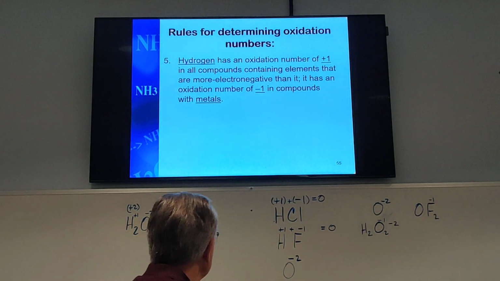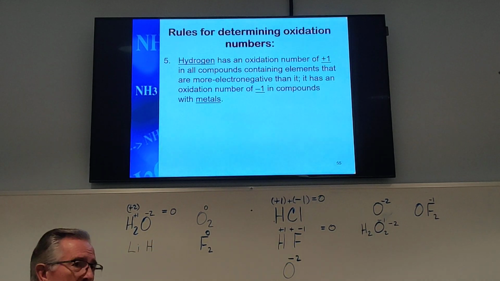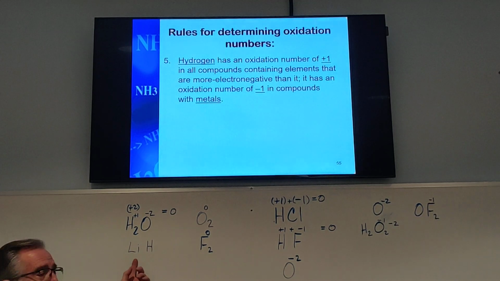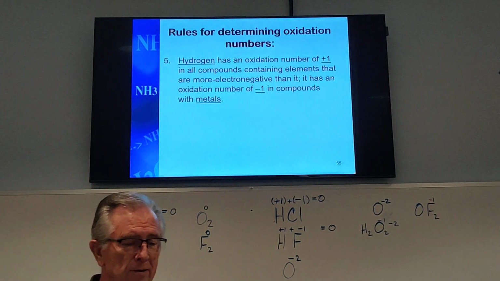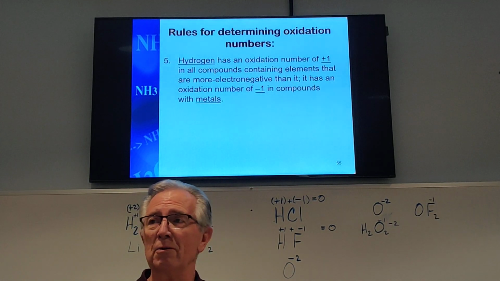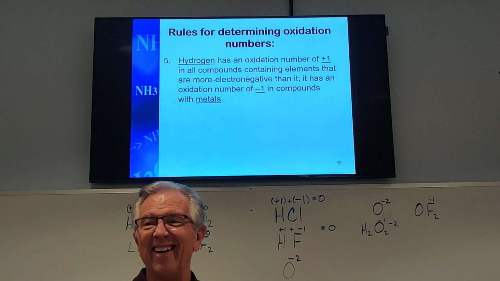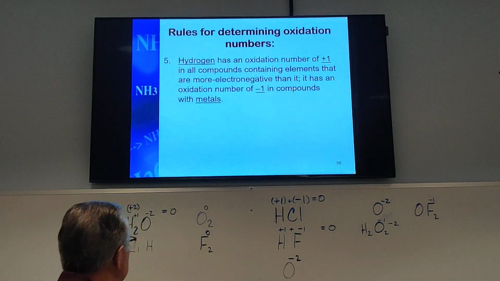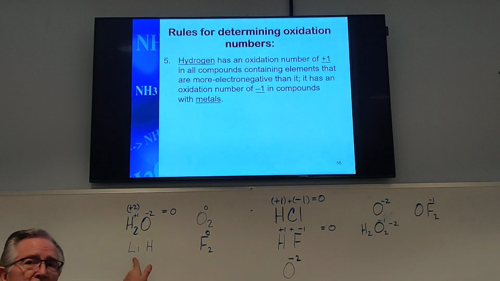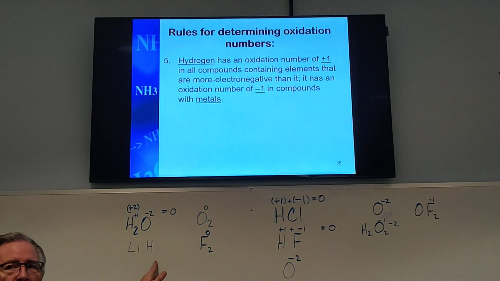So, for instance, if I had lithium hydrogen like that, and I look up the electronegativity for hydrogen, which we've looked at so often, I know it's 2.2. And lithium, right underneath it, is 0.98. So since lithium is less electronegative, it has to be the positive one. Hydrogen can't be the positive one because it's more electronegative.